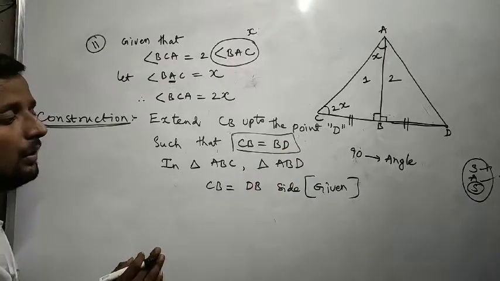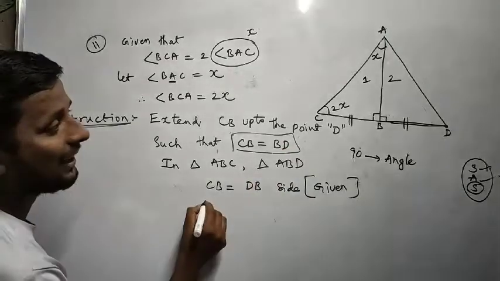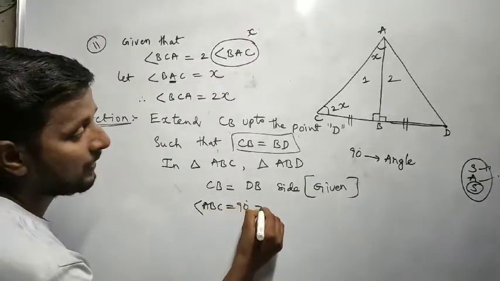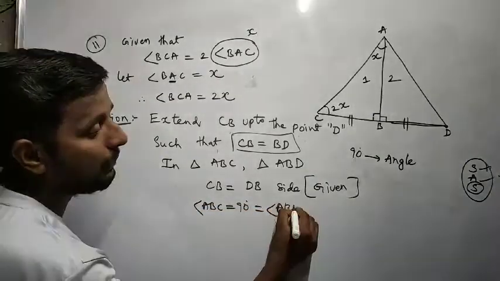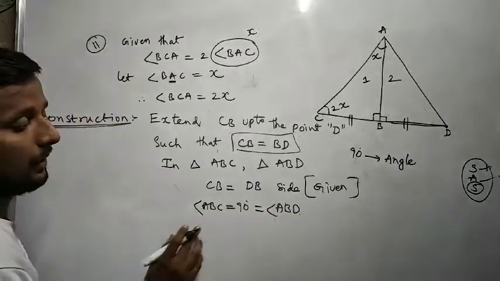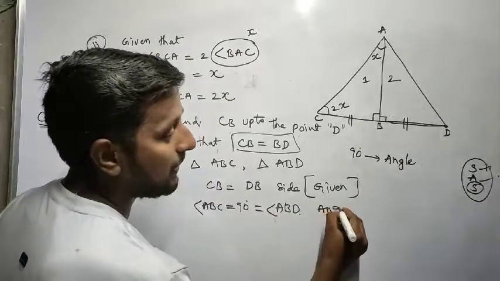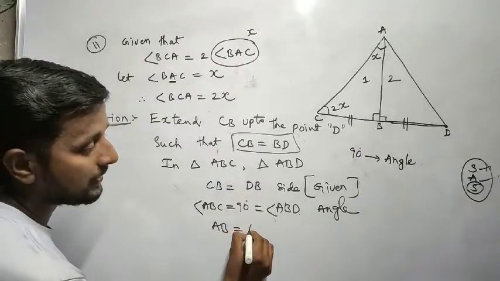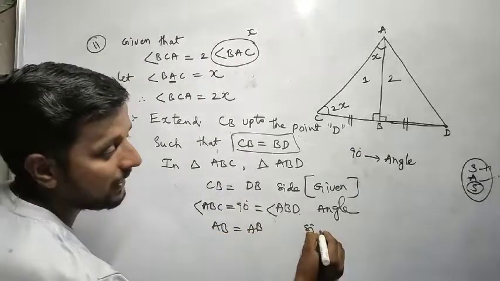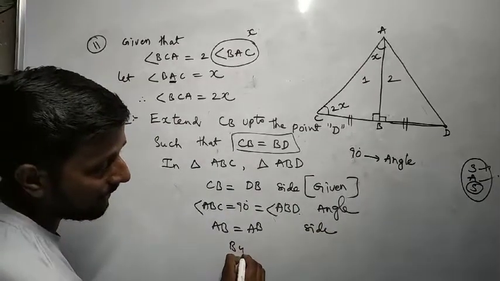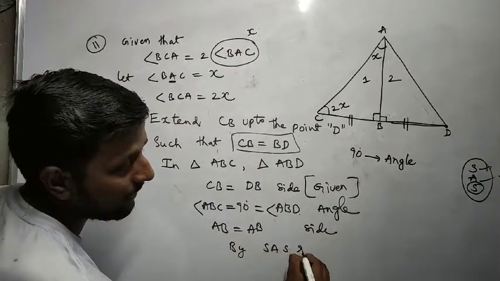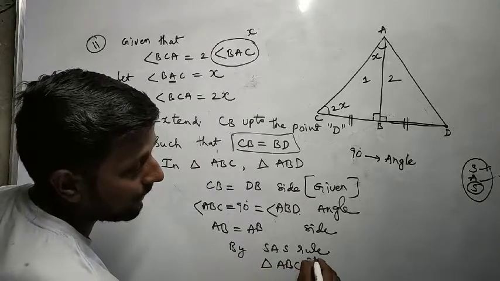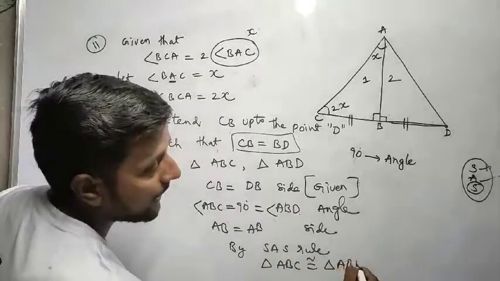Next, angle ABC, that is 90 degrees, is equal to angle ABD. It is a right angle and it's simply an angle. Next, I'll write AB is equal to AB. It's a side. So by SAS rule, triangle ABC is congruent to triangle ABD.